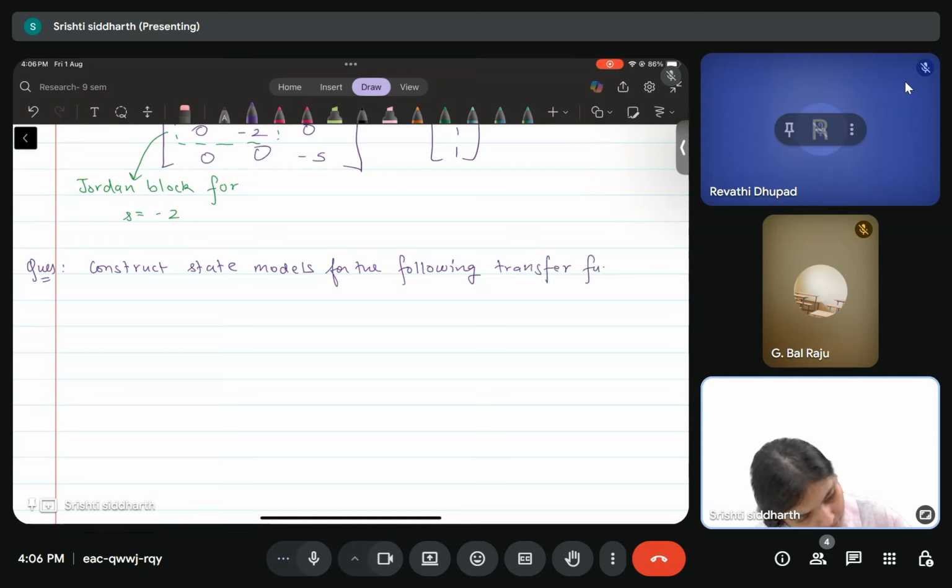By state models, we mean canonical state space ones.